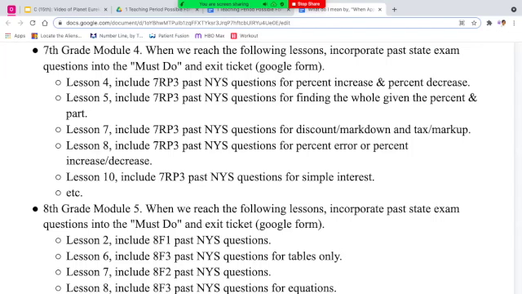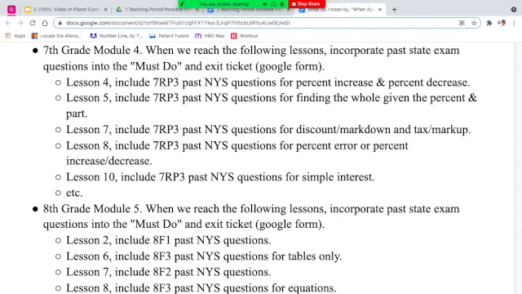So you have to do a little work there. Lesson 7, you can include questions for 7RP3 again, but ensure that these questions are specifically addressing discount, markdown, tax, and markup.